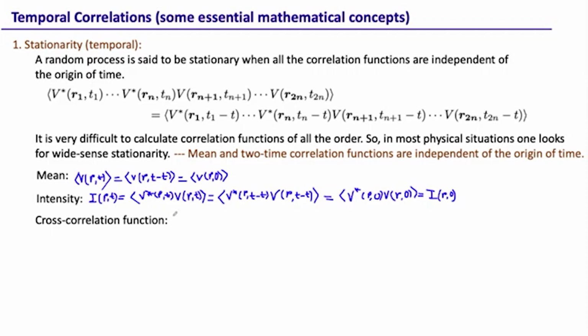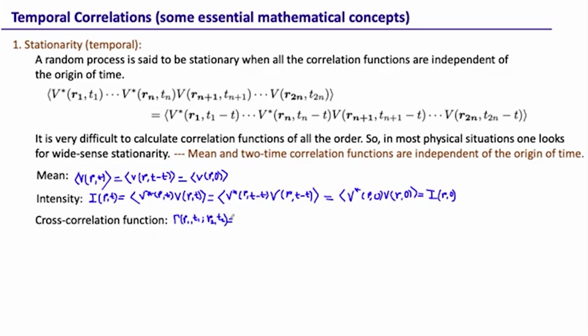So the cross correlation function, let's take the more generic one, that is gamma (r1, t1, r2, t2).